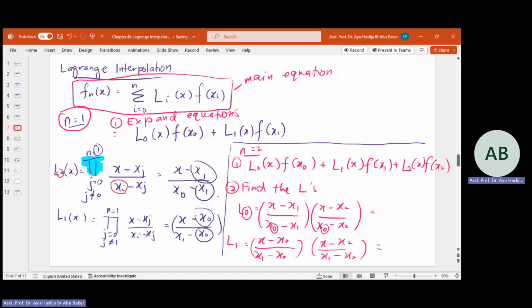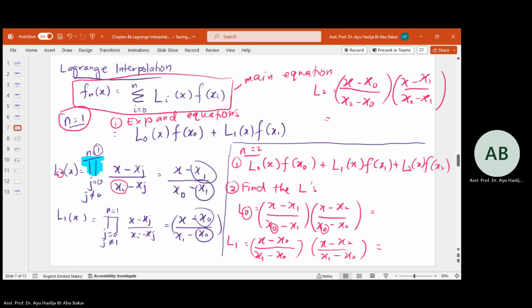Similar to L2, I do it up here. So x minus x0 over x2 minus x0, x minus x1 over x2 minus x1. Okay, that's how you find the L values.